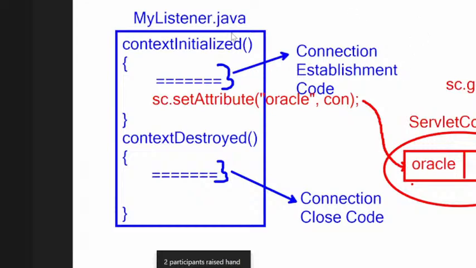This configuration is created in web.xml automatically, that's why it is not shown to you. Whenever the web application is deployed, the context initialized method is called. But in which class? How does the server know it is in my listener? With the XML file, which is already generated. That XML you see.